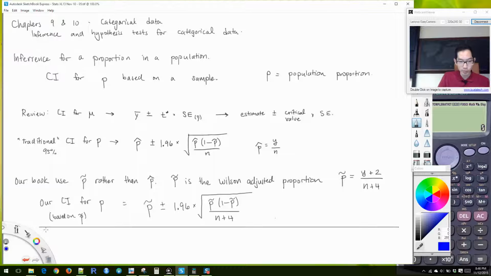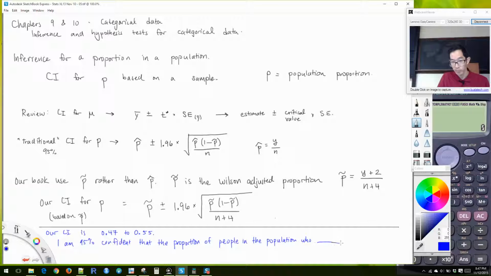So let's say our CI is 0.47 to 0.55. We would say I am 95% confident that the proportion of people in the population who blah blah blah is between 0.47 and 0.55.